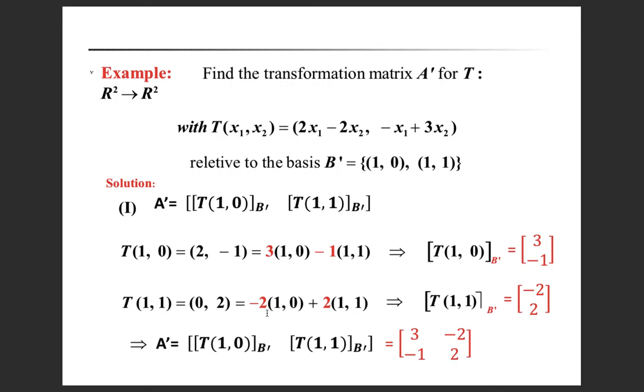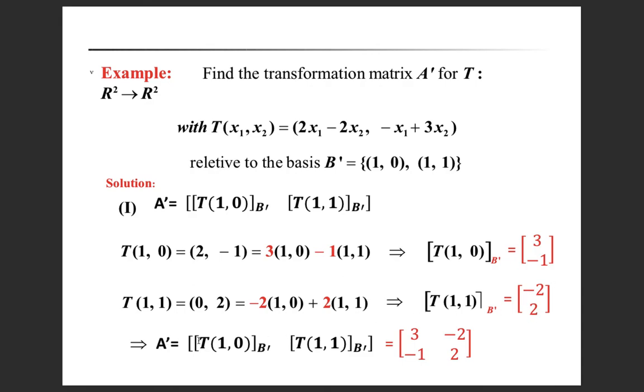So we find y equal to 2. If we substitute y equal to 2 in the equation x plus y equal to 0, we get x equal to minus 2. So I have written minus 2 here. So [T(1, 1)]B' is equal to (minus 2, 2).